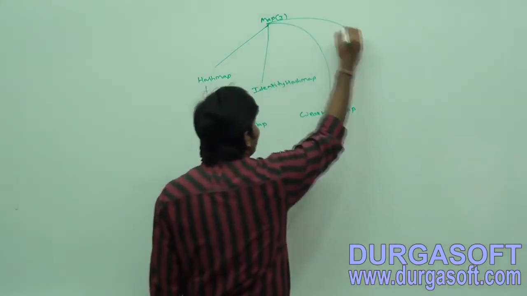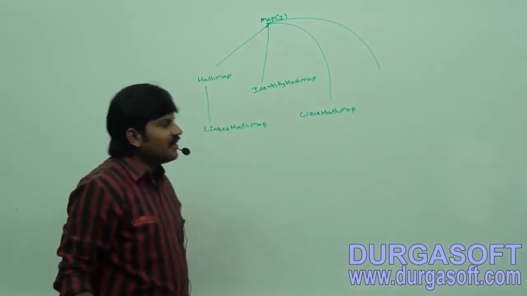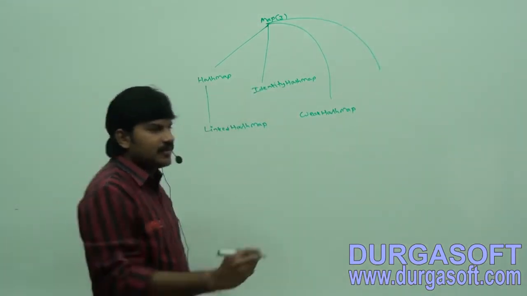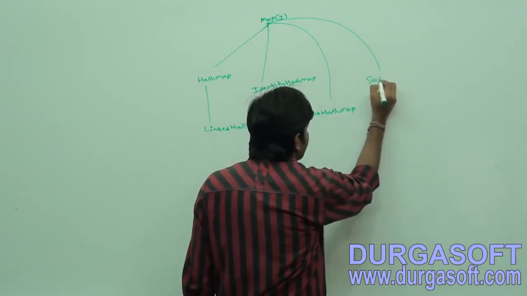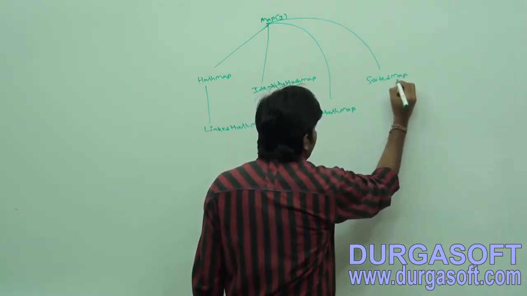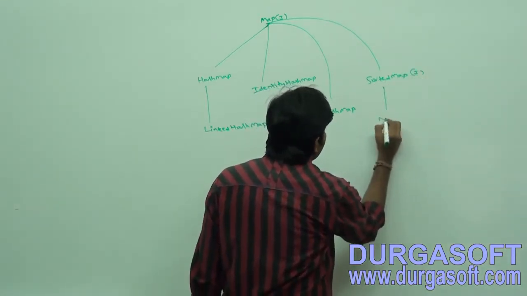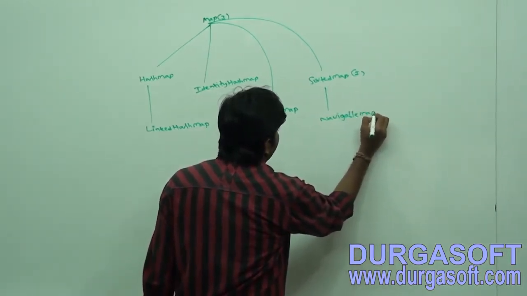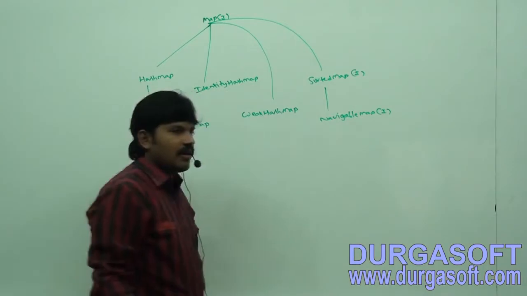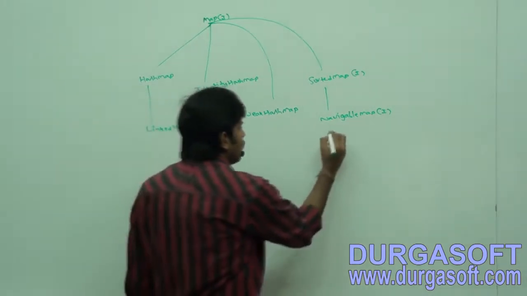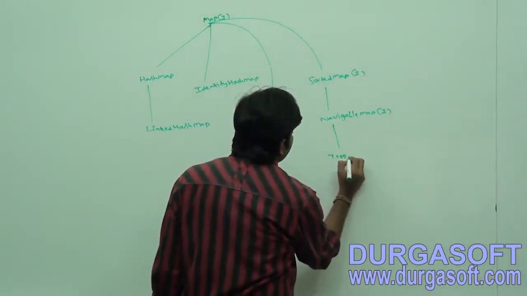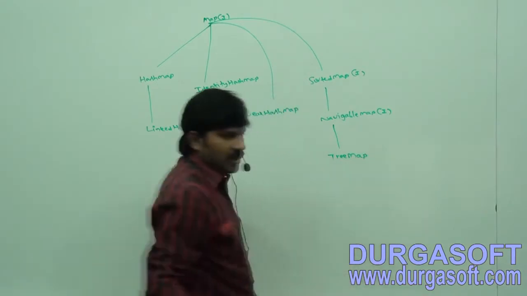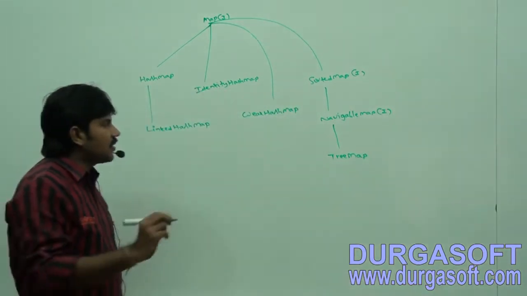That part we will discuss anyway. Then SortedMap, and then NavigableMap. At last we will discuss NavigableMap, and the implementation class for that is TreeMap.